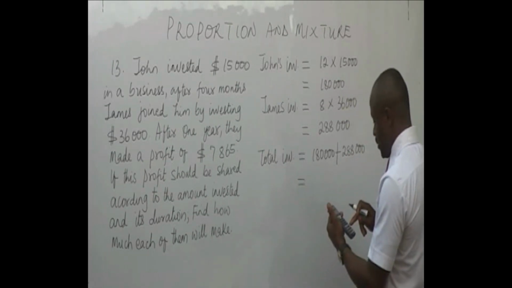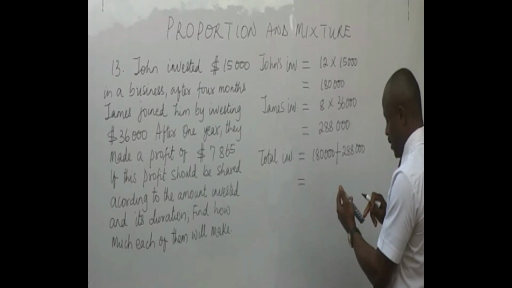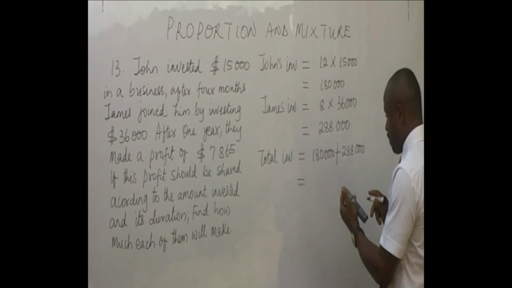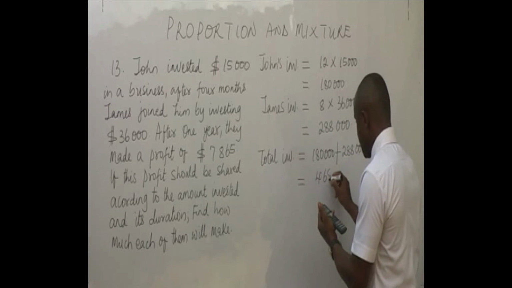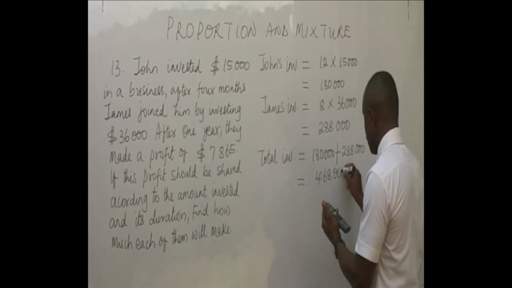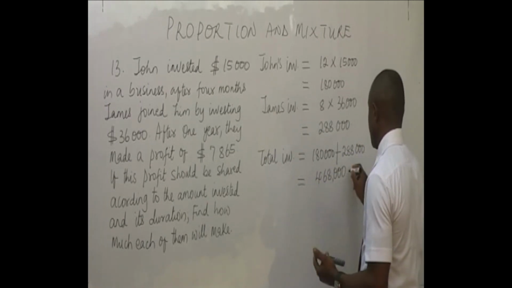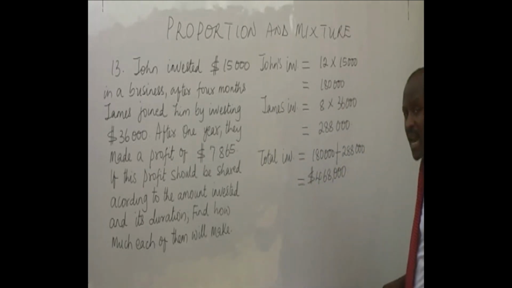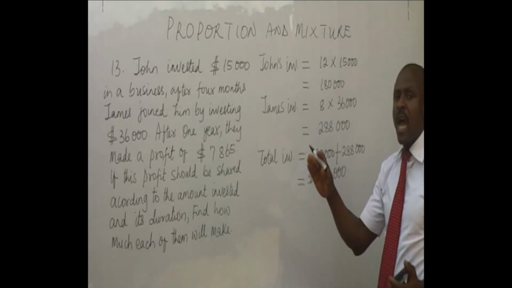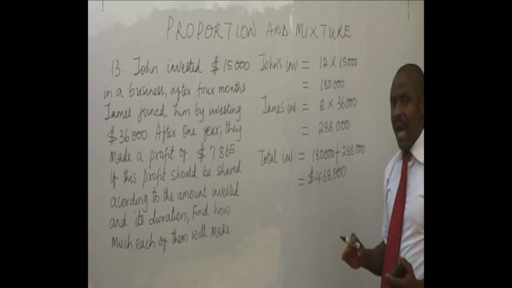It's giving us 468,000 dollars. So this is the total investment by James and John, as calculated by the amount they invested and the duration in months.